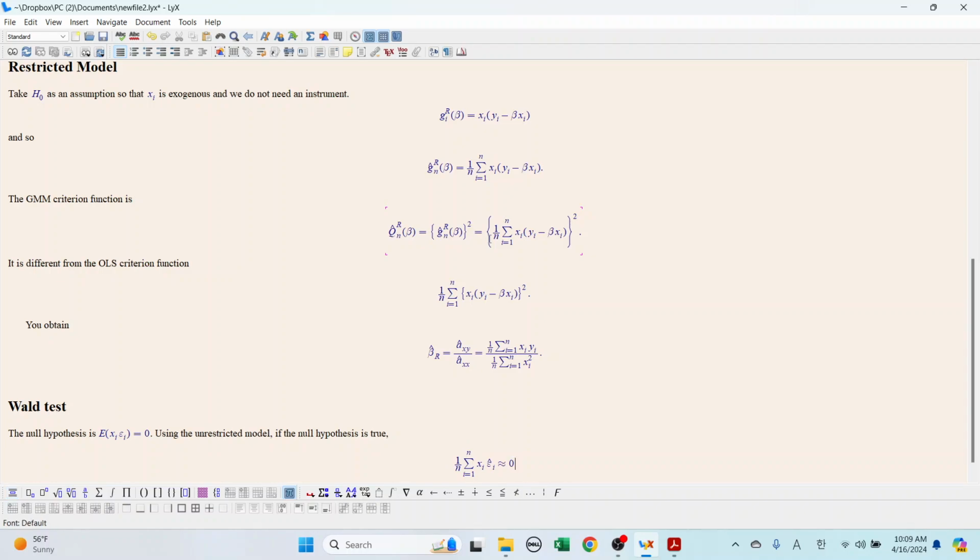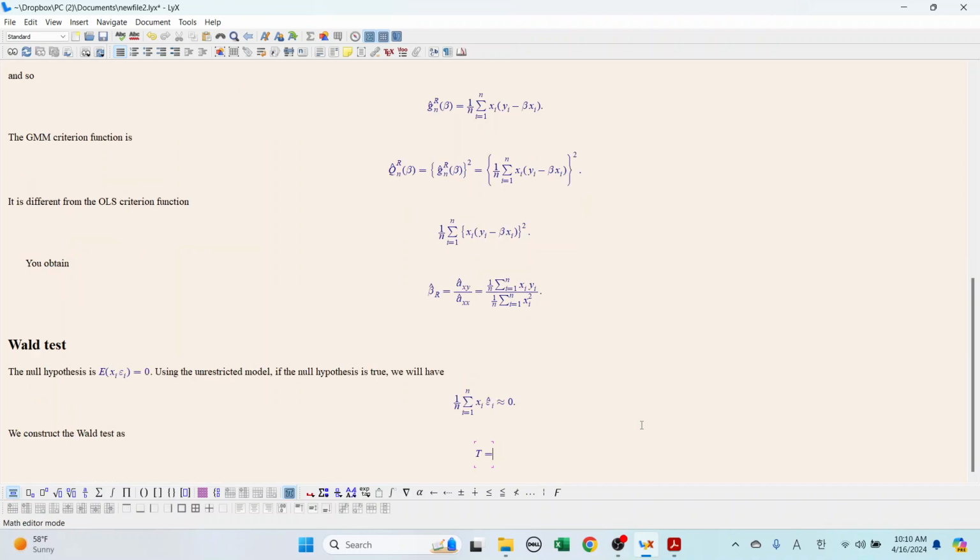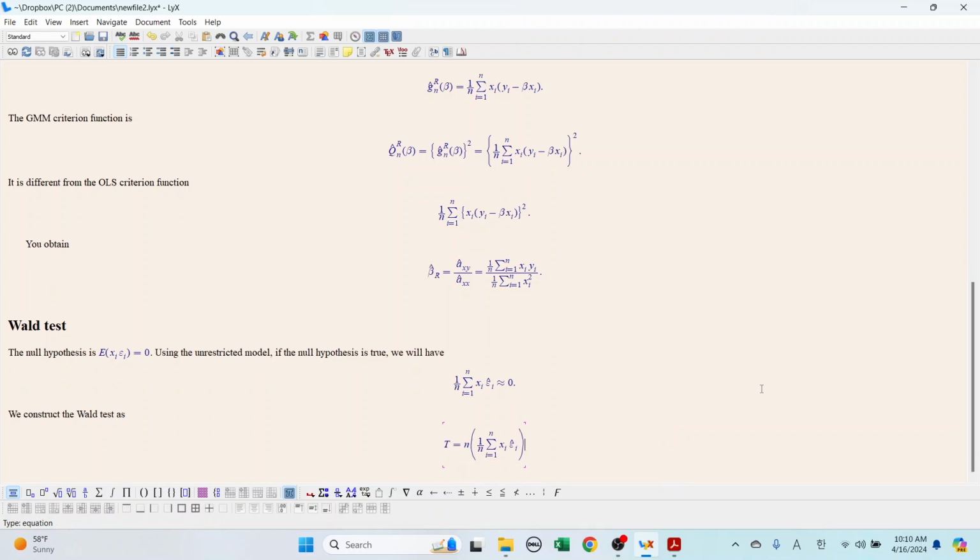So intuitively speaking, we are going to test if this is close to zero or not. That is our testing idea. So we construct the Wald test as n times this, prime. Usually you have to take the transpose, but here it is one-dimensional, so you don't need to worry about that.